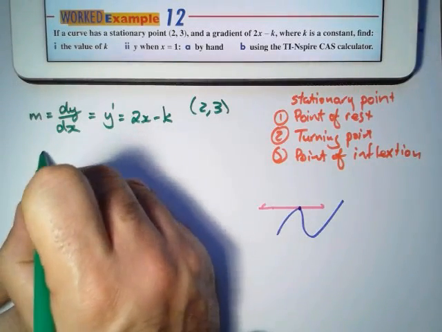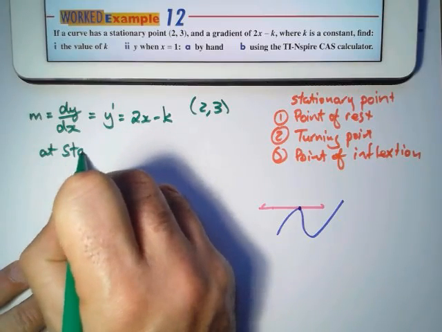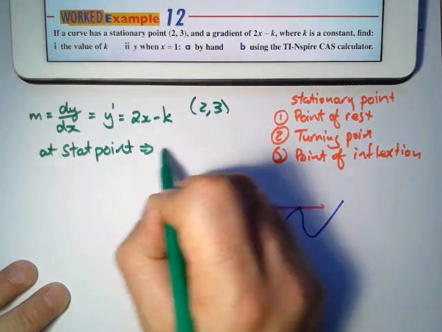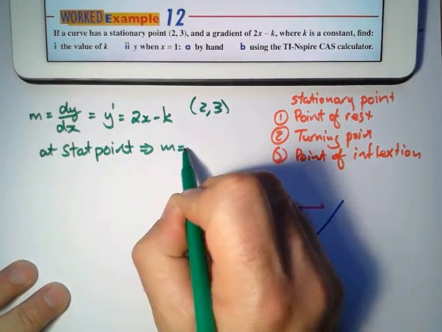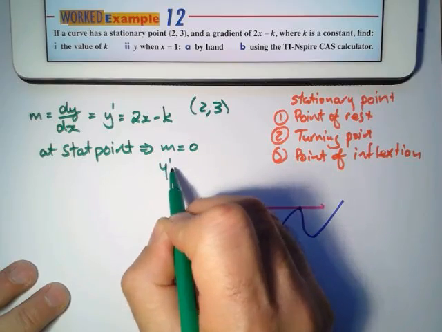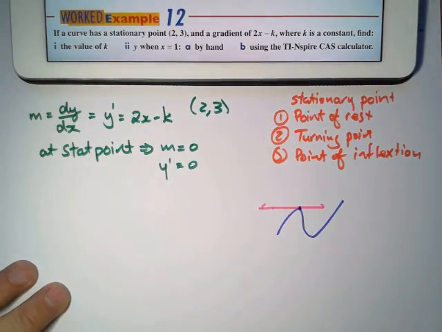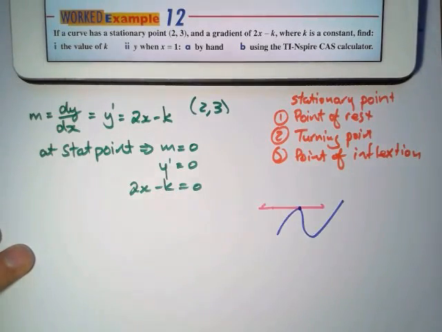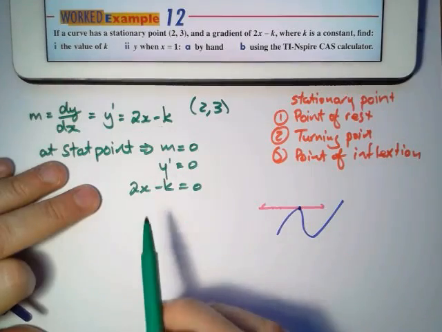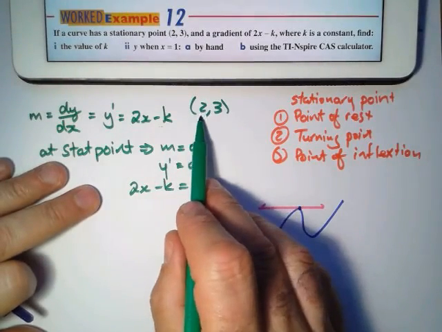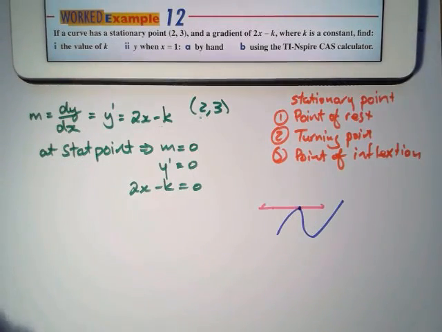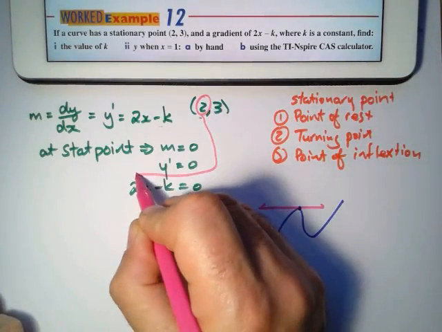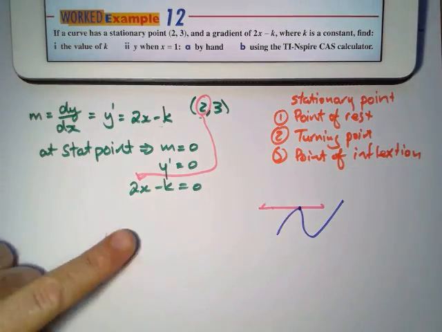So at the stationary point, the gradient equals 0. Therefore, the derivative equals 0, which means 2x minus k equals 0. So when this equals 0, I also know that x equals 2. So if I substitute this 2 into this equation, I will be able to calculate that k.